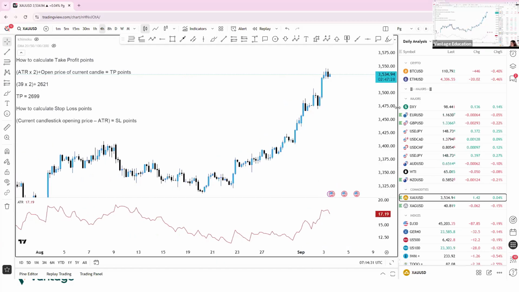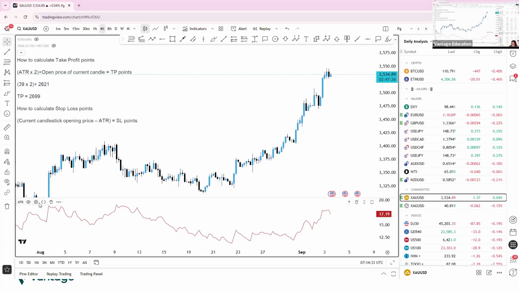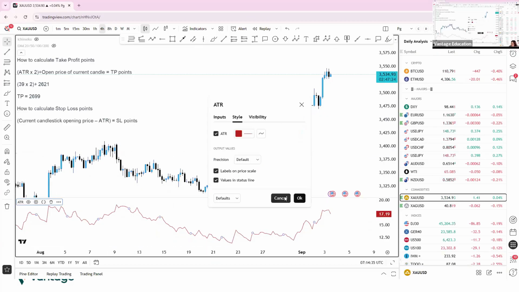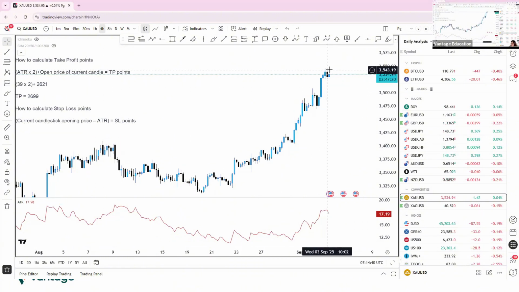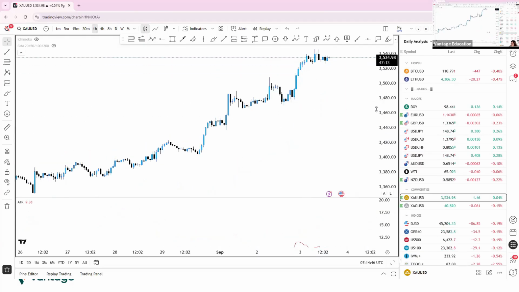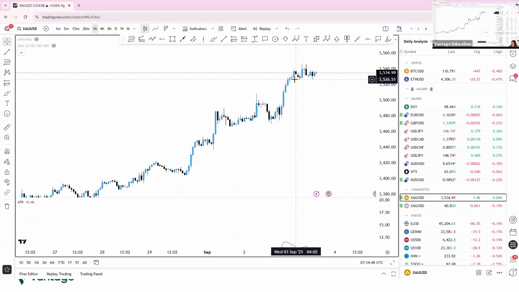So what does that mean? I'm using the ATR of 14 period, meaning that in H4 you count back 14 candles. If you take H1, you count back 14 candles.